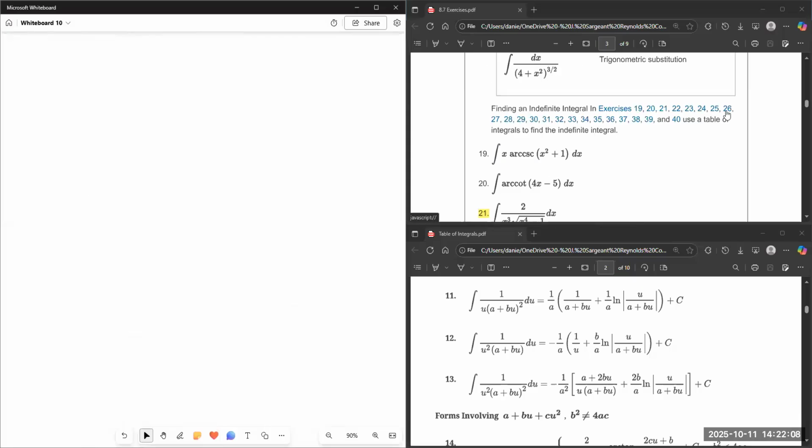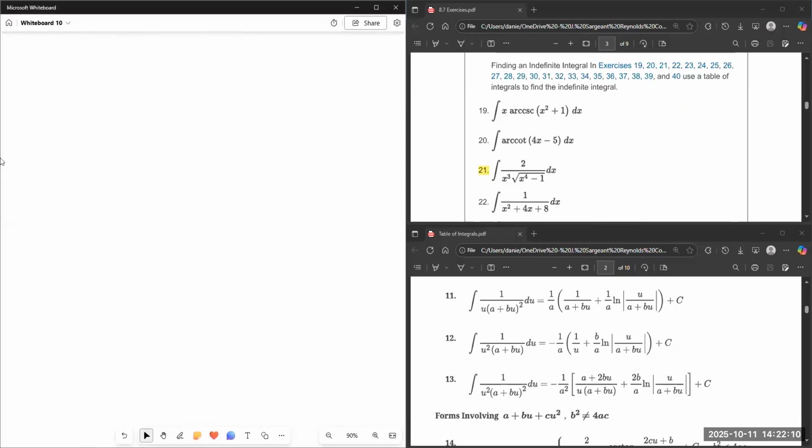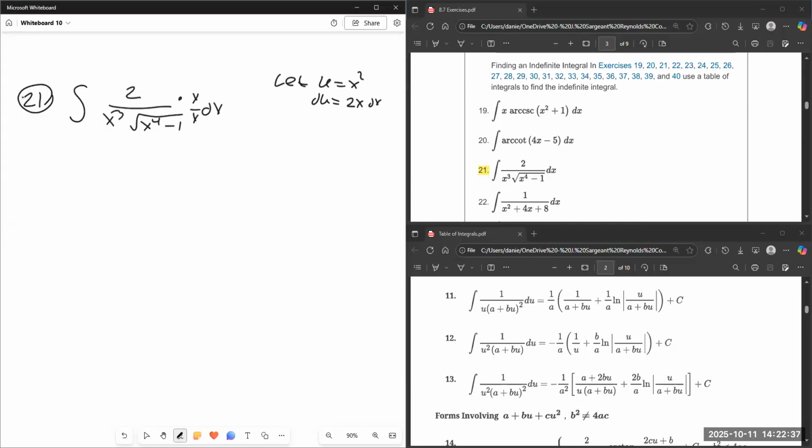Instructions have changed, so we just find the indefinite integral here with the table of integrals. 2 over x cubed root x to the 4th minus 1 dx. And we're going to let u be equal to x squared. du will be equal to 2x dx. So I need to multiply by x over x here.